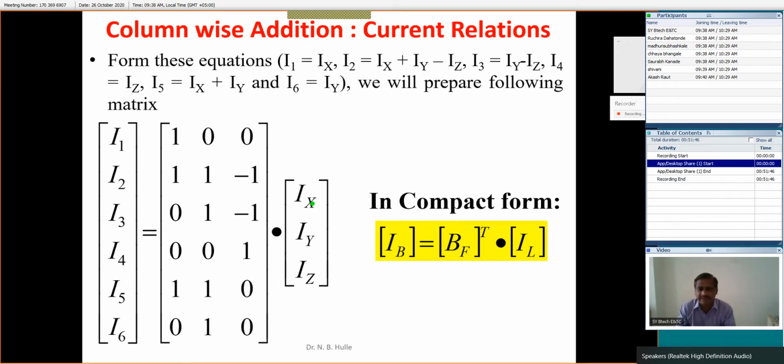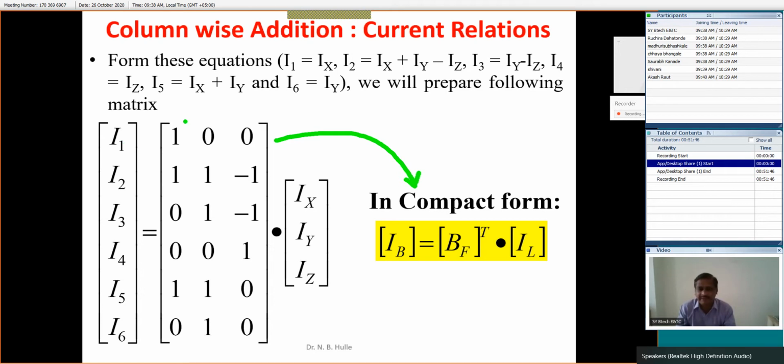Ix is the tie-set 1 current, Iy is the tie-set 2 current, and this Iz is the tie-set 3 current. That is nothing but loop 1 current, loop 2 current, and loop 3 current. Means if we are organizing these equations in the matrix form, compact form, this IB is the branch current matrix. It is a column matrix which represents the branch currents. And if we have the 6 branches, 6 currents will be there, I1, I2, I3, I4.